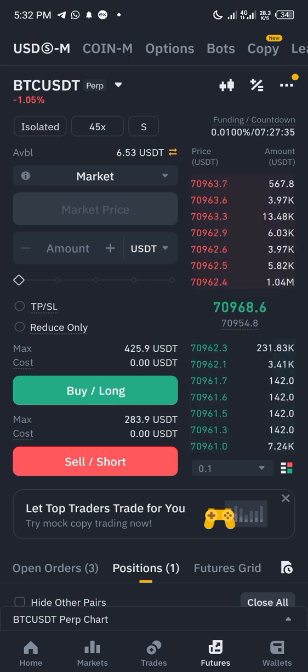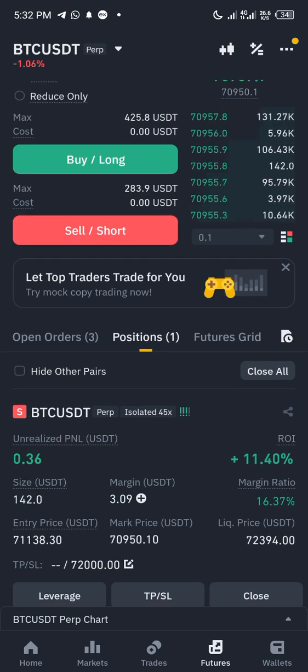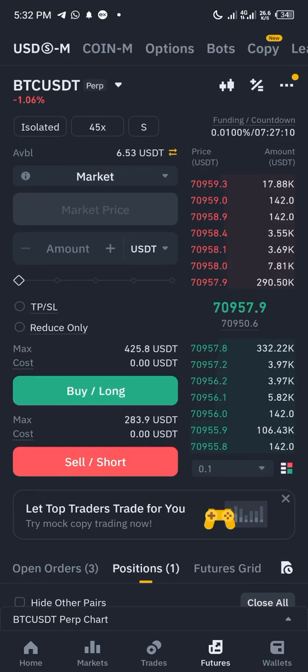If I'm taking a short position and the price moves down 1%, or up 1% if I'm taking a long or buy position, with 45x leverage I'm going to have a 45% increment in the amount I used to enter into the trade. So, and to this, we've come to the end of the lecture.